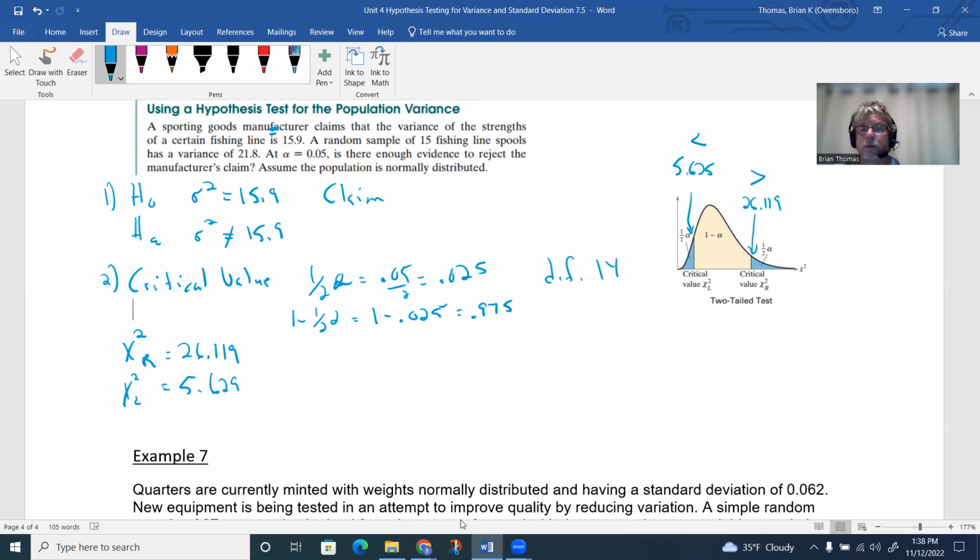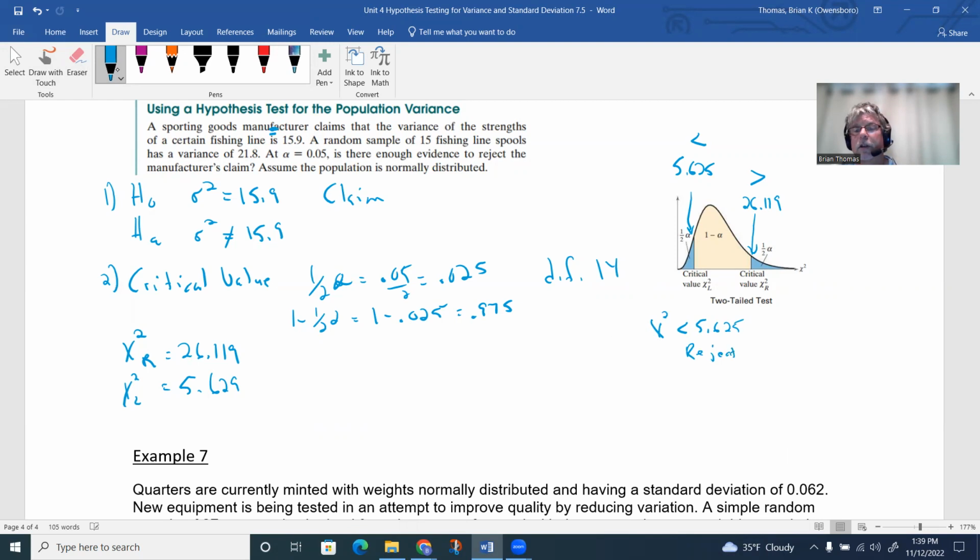So basically, when we get our test statistic, chi-squared, if it's less than 5.629, we're going to be rejecting.